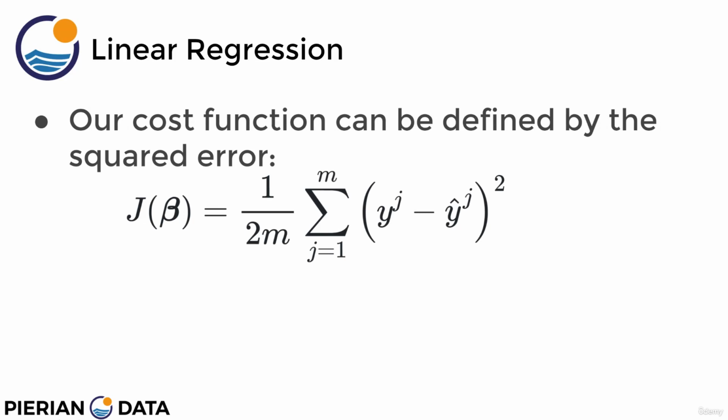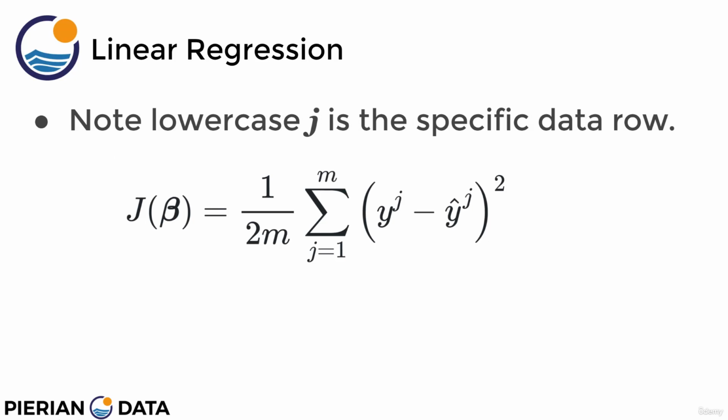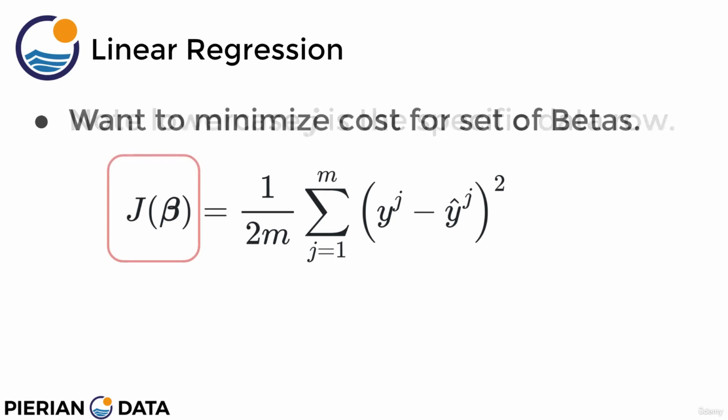So that means our cost function can be defined by the squared error. I'm going to say my cost function J that takes in some beta coefficients is going to be equal to this actual average error. Now, a couple things to note here: the lowercase j stands again for the specific data row. And then I'm taking the average by summing up all those squared errors and dividing by 1 over m.